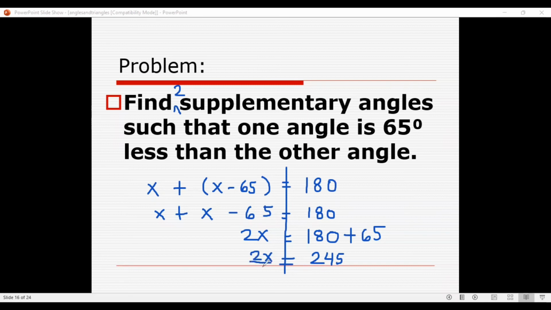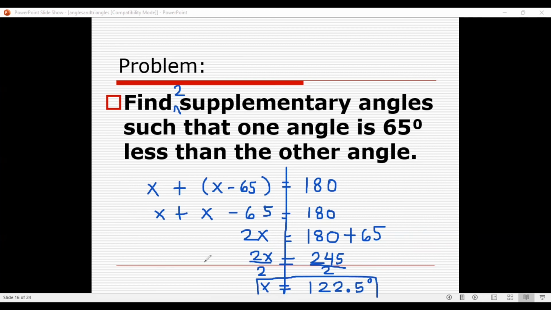When you divide 2x by 2, the answer becomes x. But when you divide 245 by 2, the answer is 122.5 degrees. So 122.5 degrees is the measure of the first angle that we have.